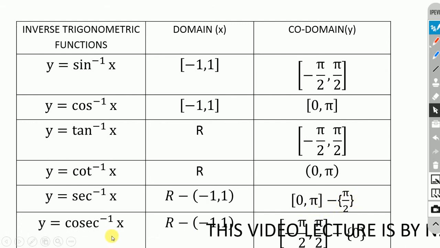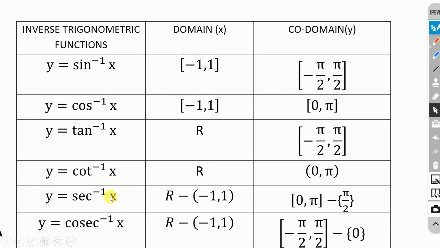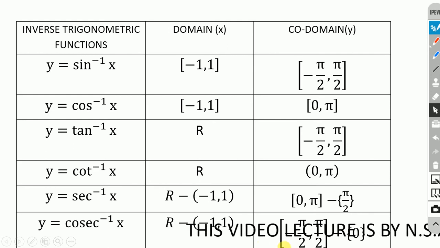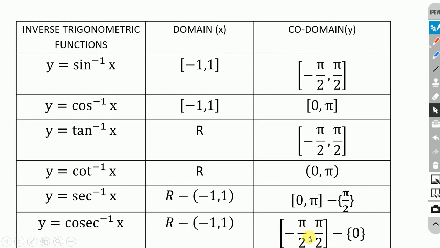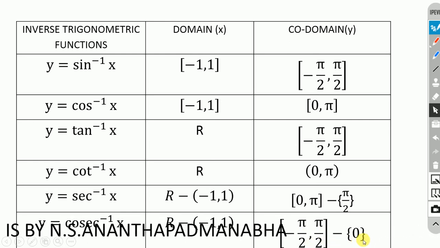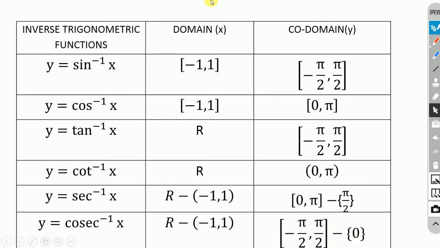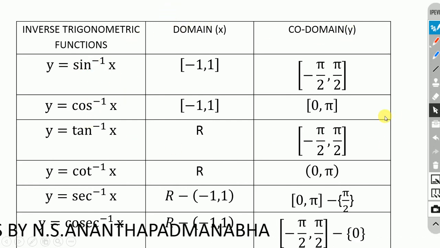For y equals cosecant inverse x, the domain is the same as for secant inverse x, and the codomain is the closed interval -pi/2 to +pi/2 excluding 0. So this table indicates the domain and codomain of all 6 inverse trigonometric functions.